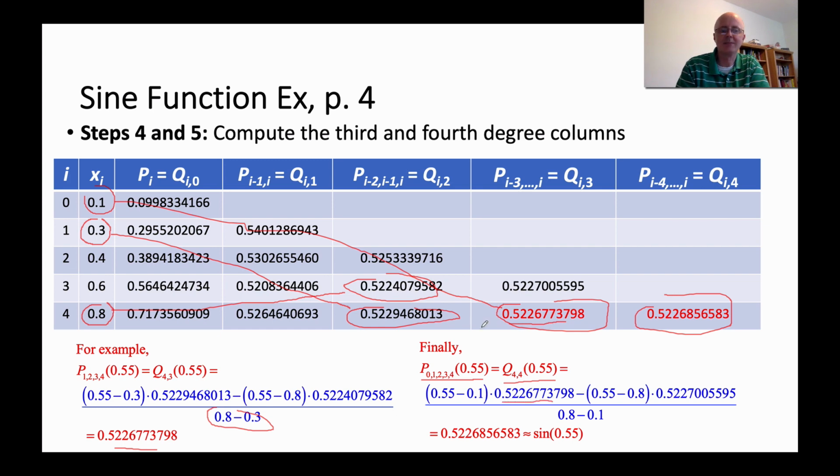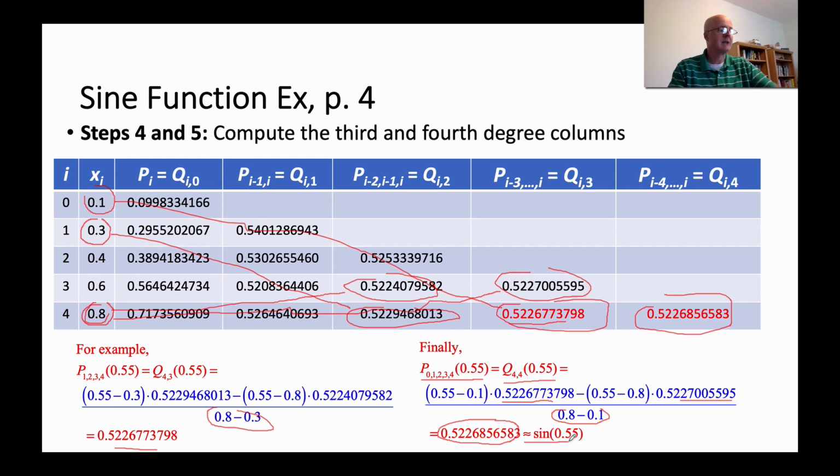And then minus 0.55 minus 0.8 times this number right here. So those get multiplied. And then take all that and divide by 0.8 minus 0.1 that you see here to give us our final, hopefully best approximation of sine of 0.55. I didn't double check this, but I do believe that is the best approximation of sine of 0.55. It doesn't come out exactly on a calculator like this, but it's pretty close.